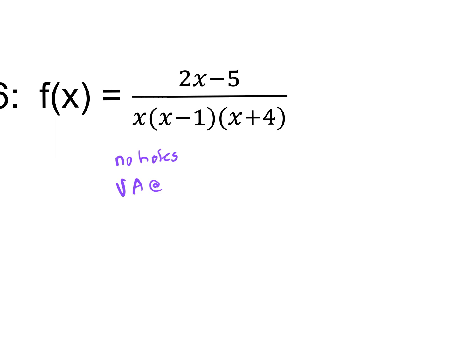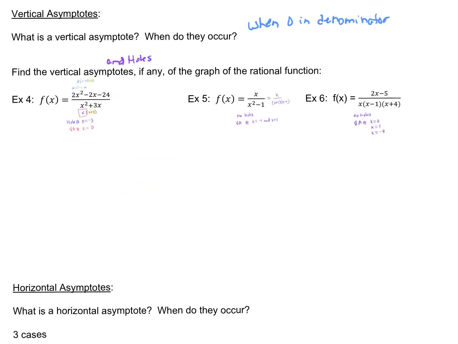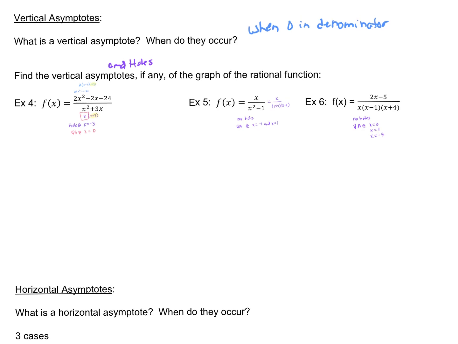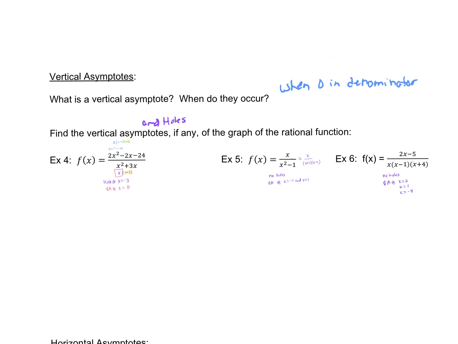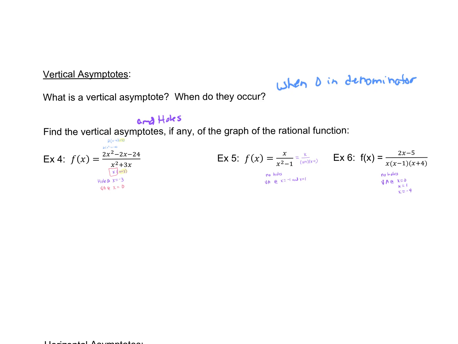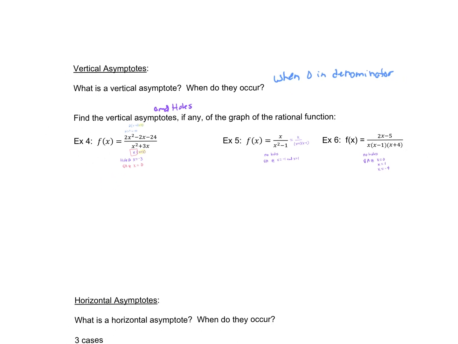So we'd have a vertical asymptote at x equals 0, vertical asymptote at x equals 1, and vertical asymptote at x equals -4. Okay, so that's the process of looking for vertical asymptotes and also holes.